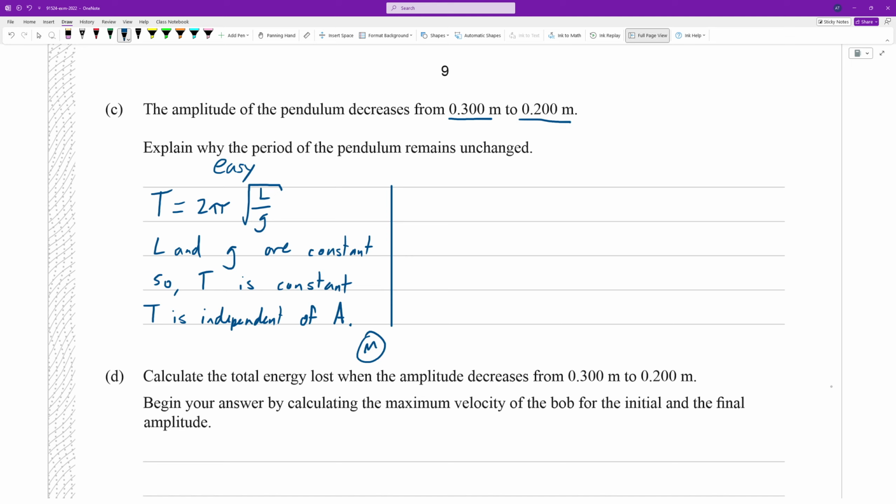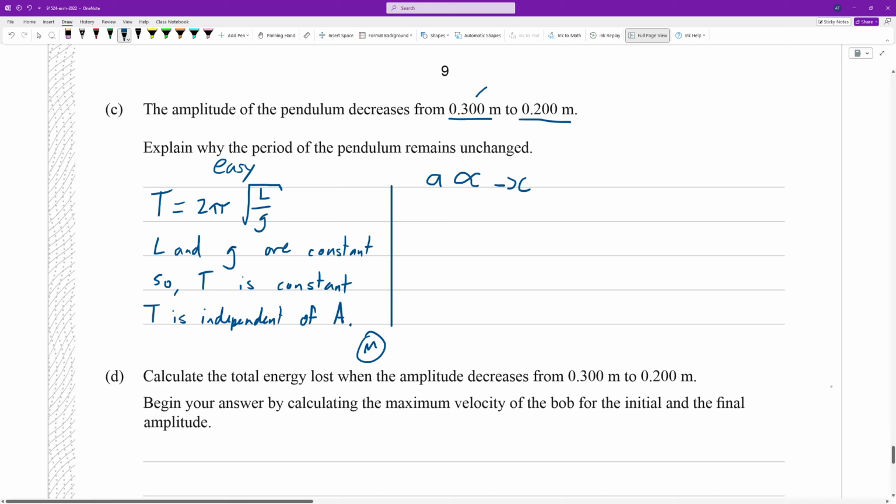And so, definition of simple harmonic motion: acceleration is proportional to the negative of displacement. So as displacement grows, the acceleration increases, and they're just acting in the opposite direction.